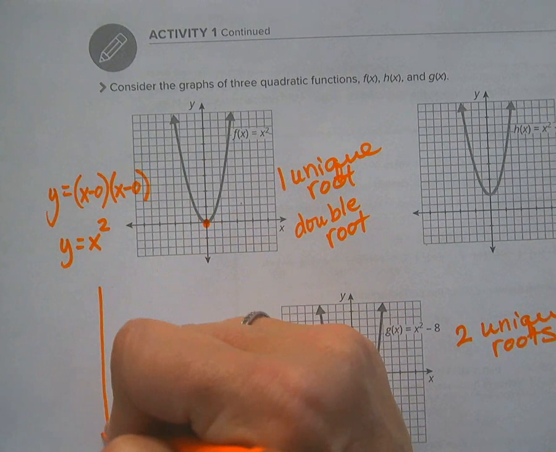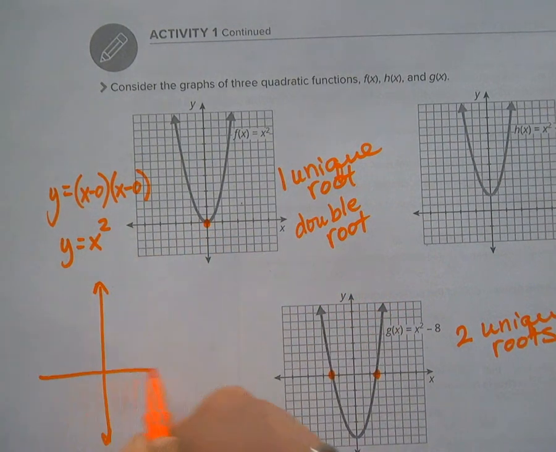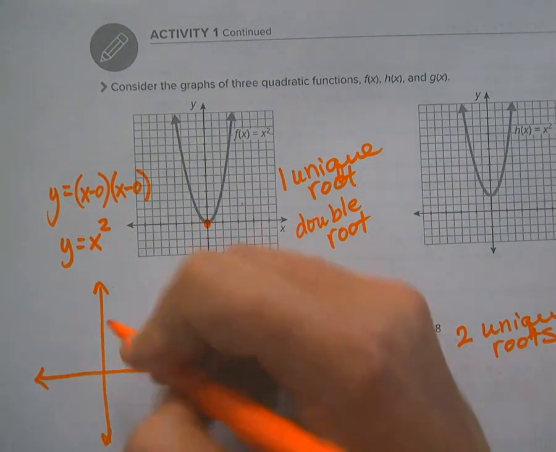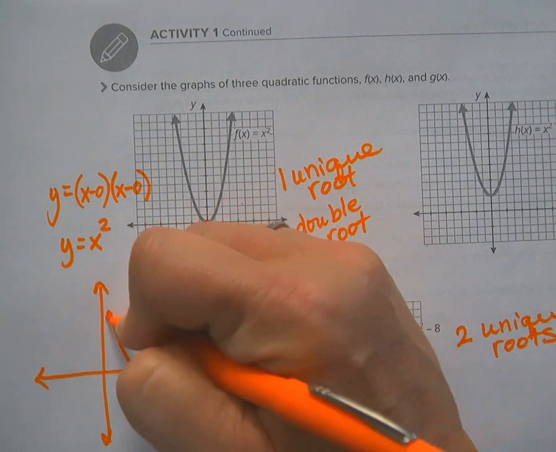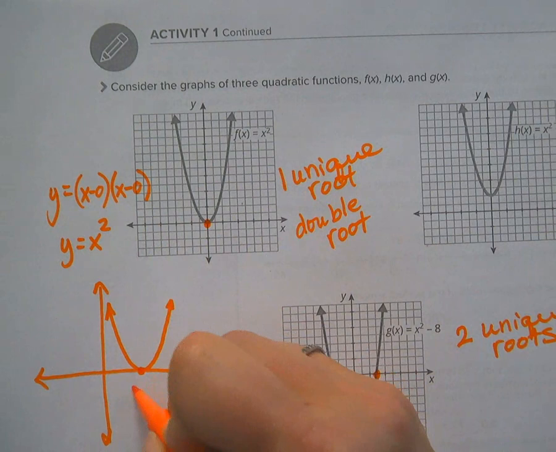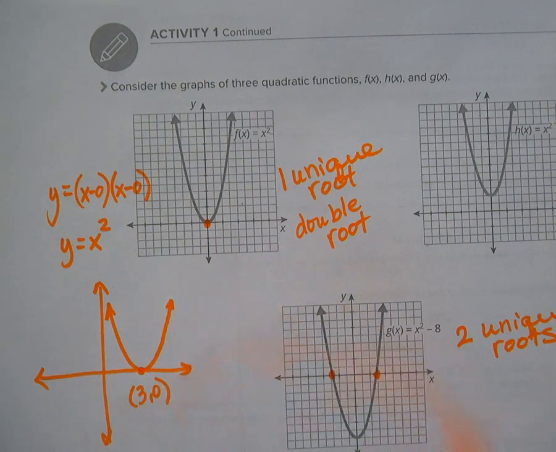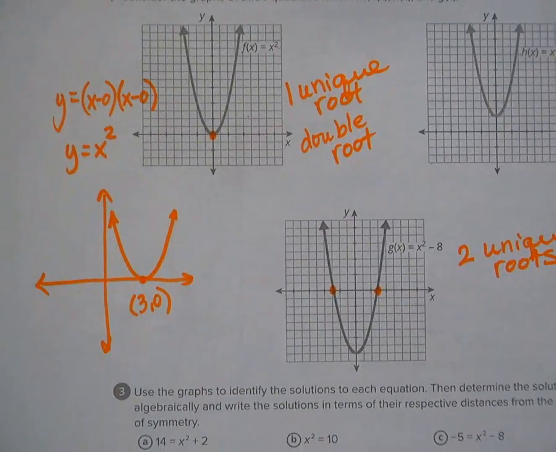So I want to challenge you guys. If we had a quadratic that did this, and it hit right here at 3, 0, could you write out what this equation would be in factored form?